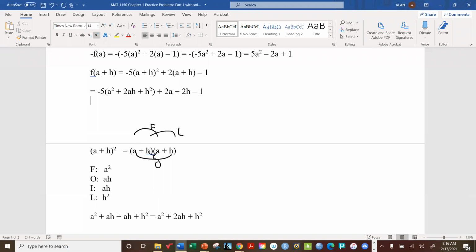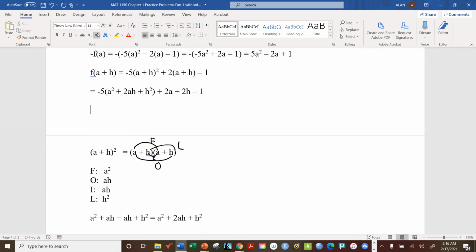And now the last step is to multiply the negative 5 by these terms. So we have negative 5a squared plus 10ah plus 5h squared plus 2a plus 2h minus 1.